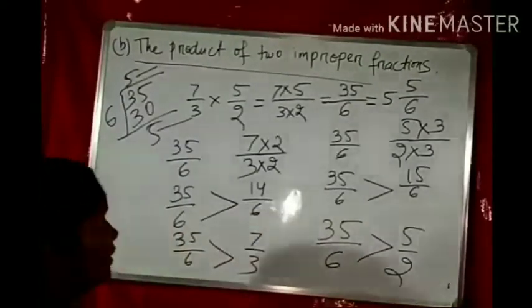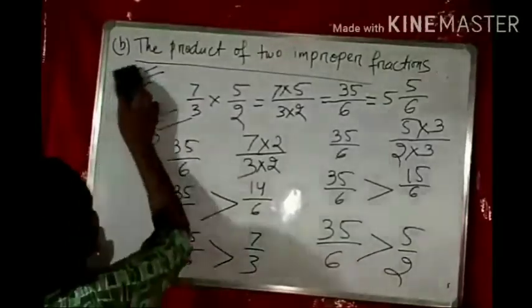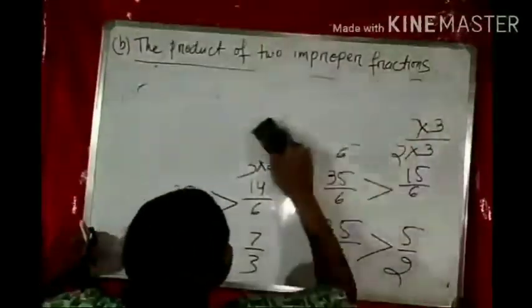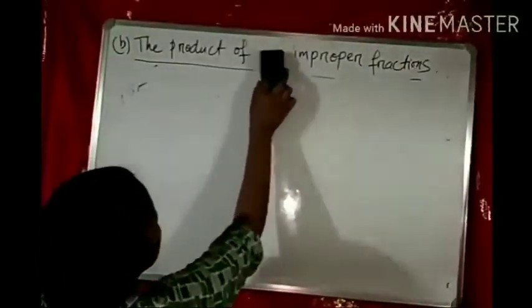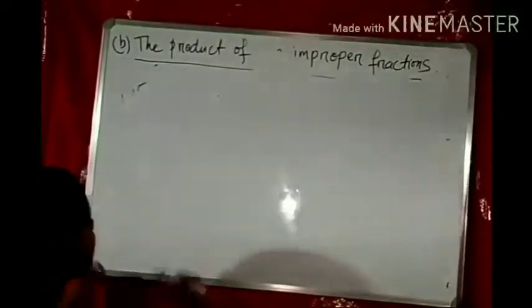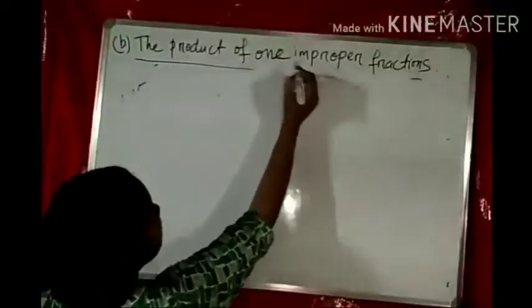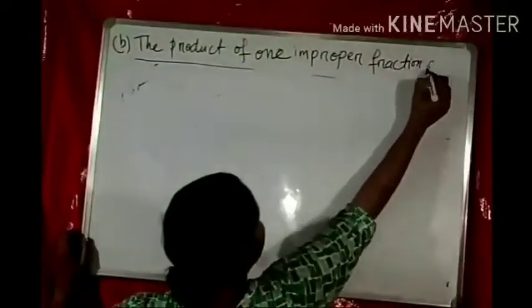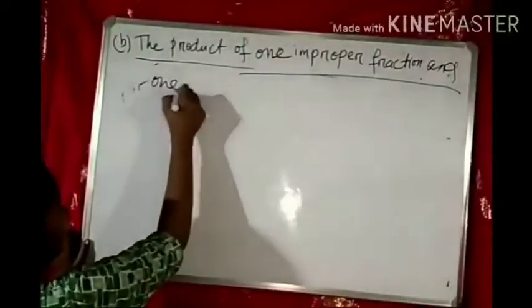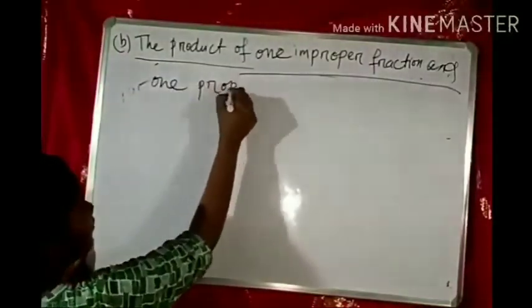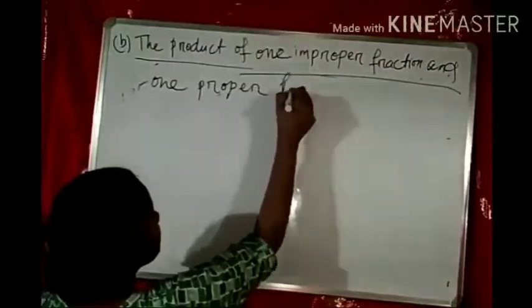So let's see the product of one proper fraction with one improper fraction. Or you can write the product of one improper fraction and one proper fraction.